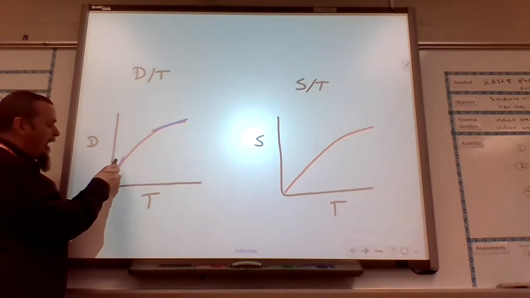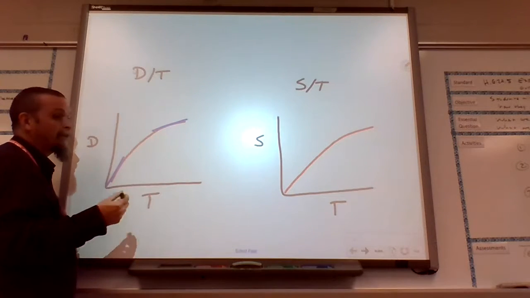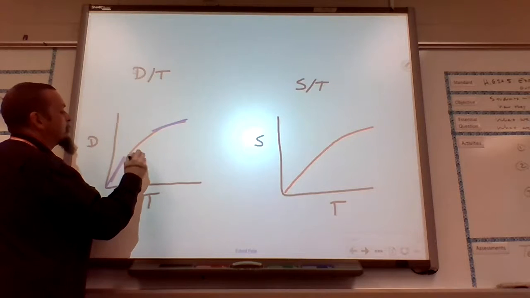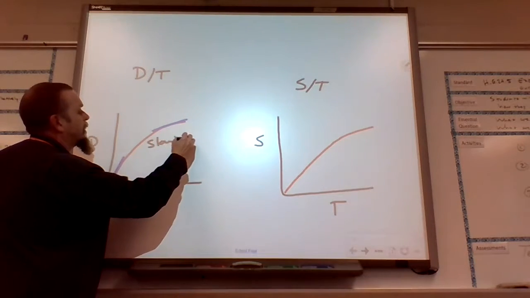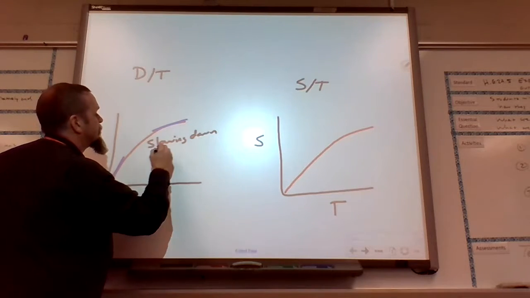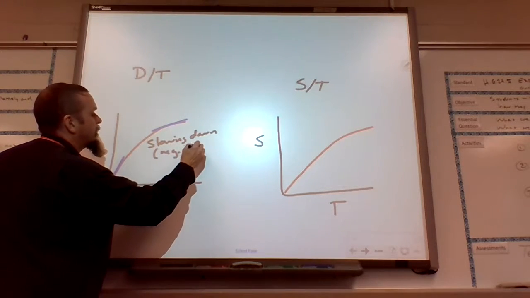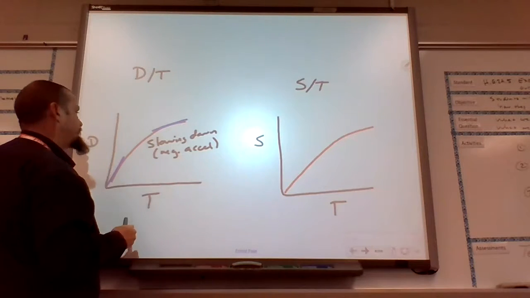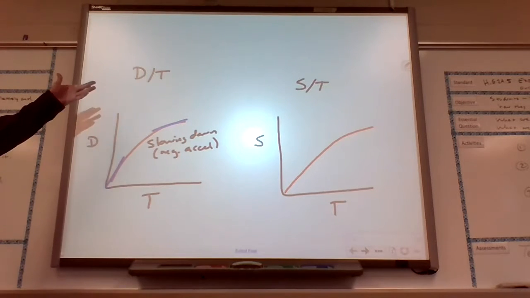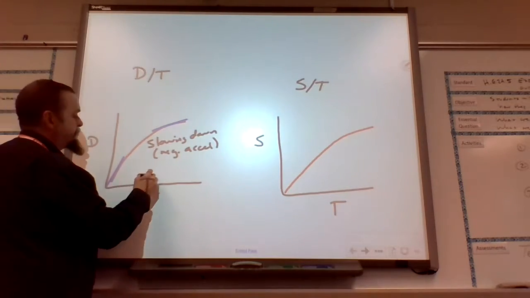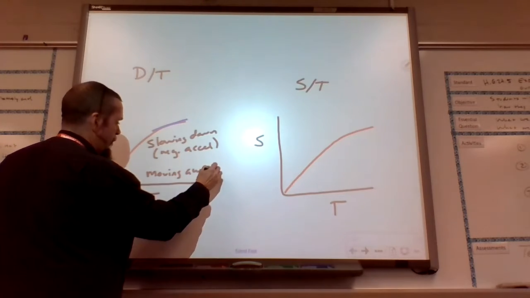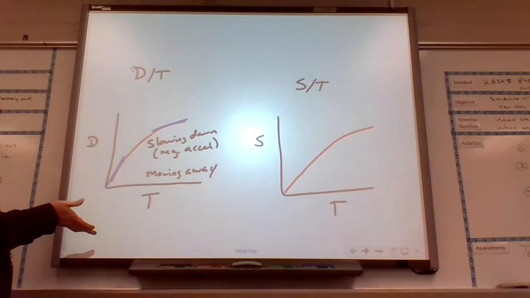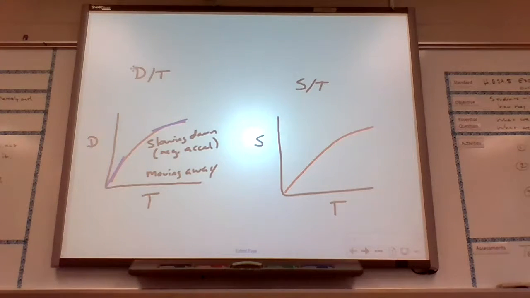So I'm starting off at a high speed, going to a lower speed, I'm slowing down. So this would be negative acceleration. So slowing down, negative acceleration. And again, the line is going up, so this object is moving away. On the distance time graph, when the line is going up, the object is moving away. When the line is going down, the object is getting closer.